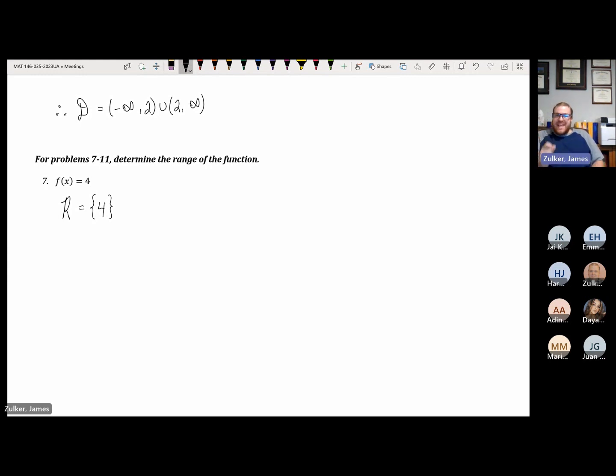Remember, range is a set. Writing it as an interval makes no sense, so you can't write that. In this case, because it's only one value that the range can be, you can't use interval notation. You have to use set notation. It's just a set of 4.